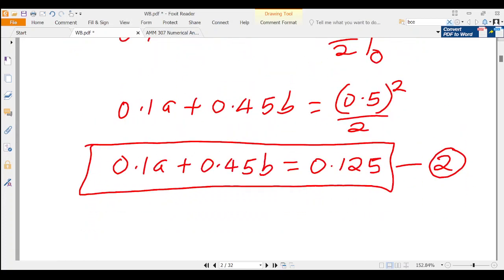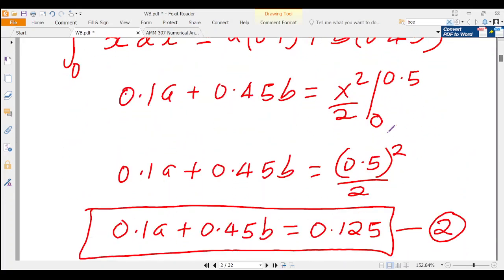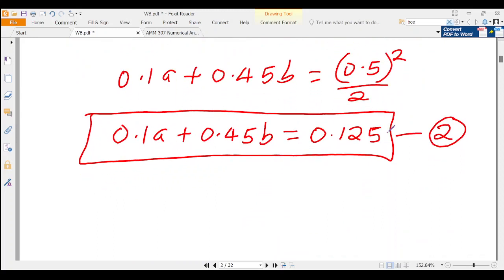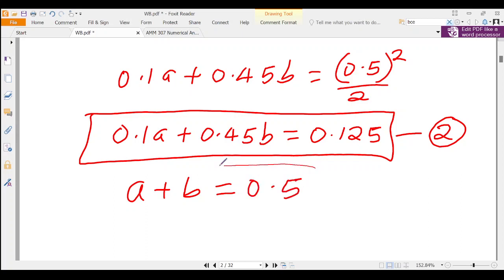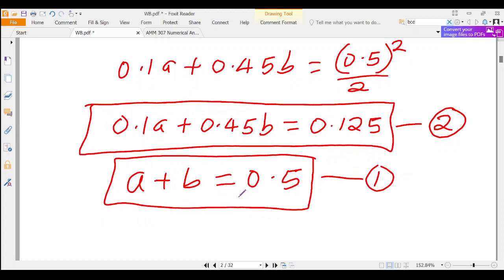So now I have two equations. Equation 1: a plus b is equal to 0.5. And equation 2, which is this one. We are now faced with solving for a and b. These are two linear equations in two unknowns, so we can easily eliminate a.